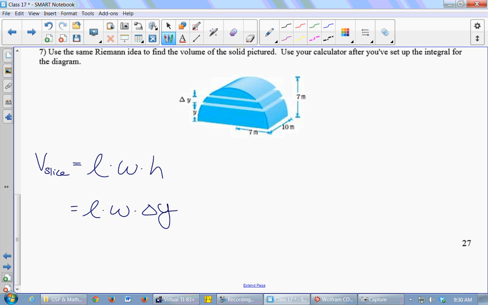And then we've got to find its length and its width. And it has to be in terms of y, right? Because delta y is my height, so I have to only use one variable to describe this whole thing to be able to integrate. So I need to know that length and that length.